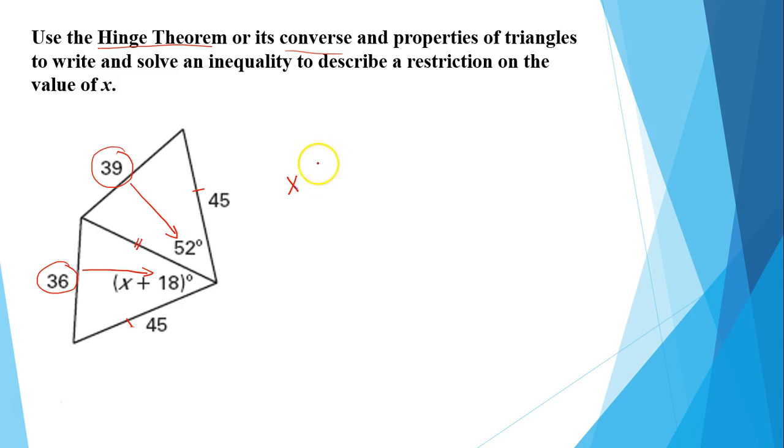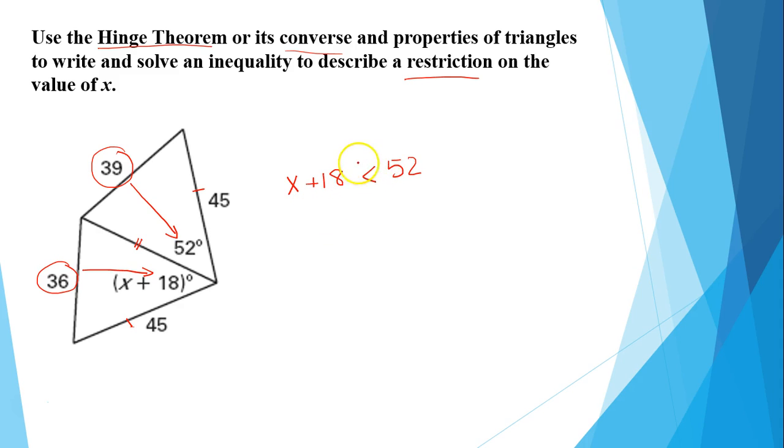So to write and solve an inequality to write a restriction on the value of x, we state that x plus 18 is less than 52. And once we have that written, we just need to solve the inequality for x, so get x by itself.